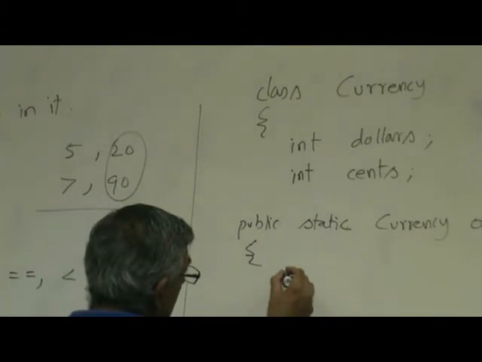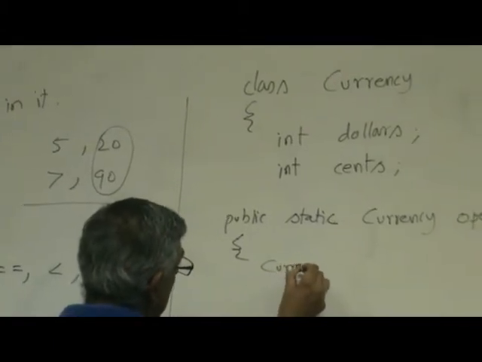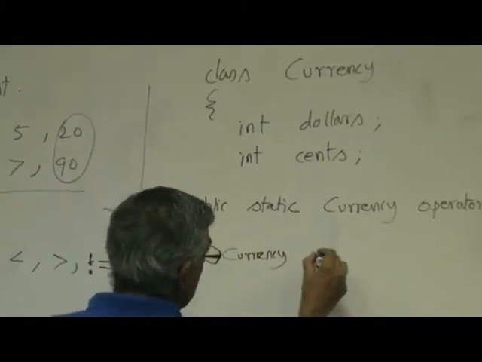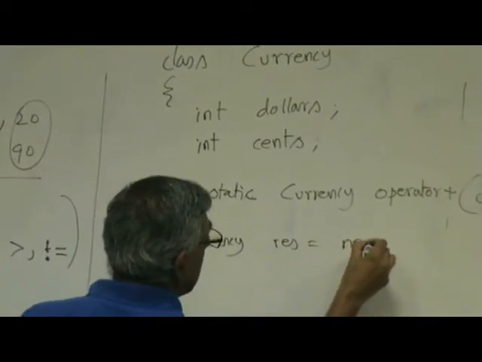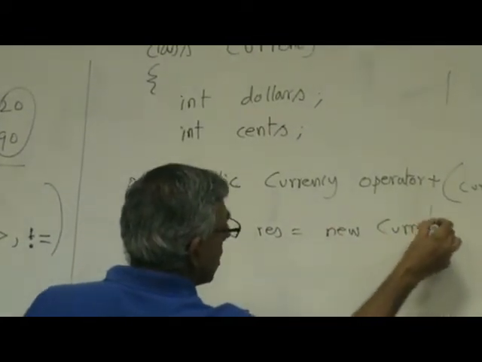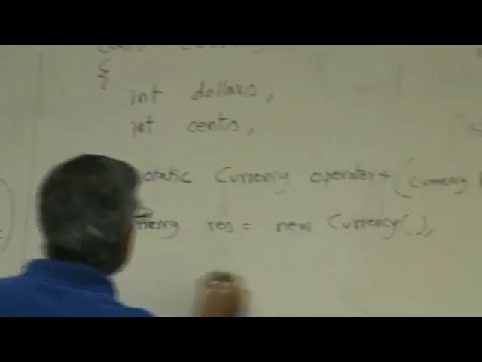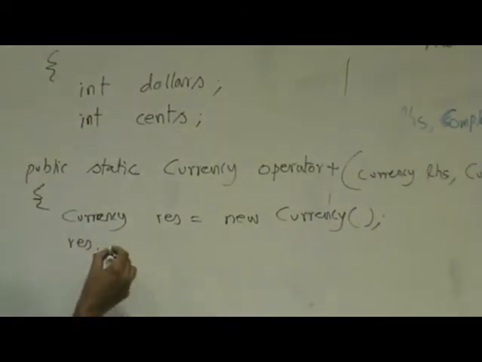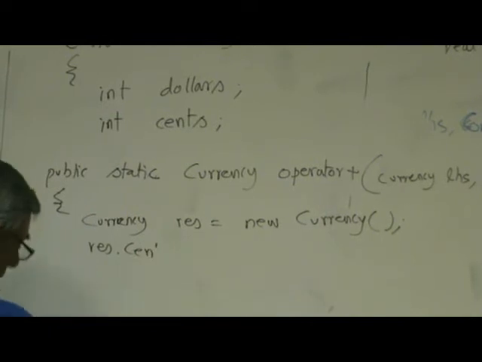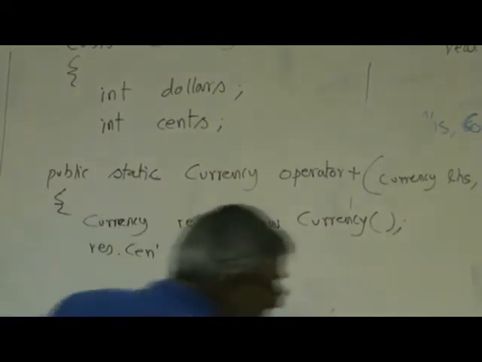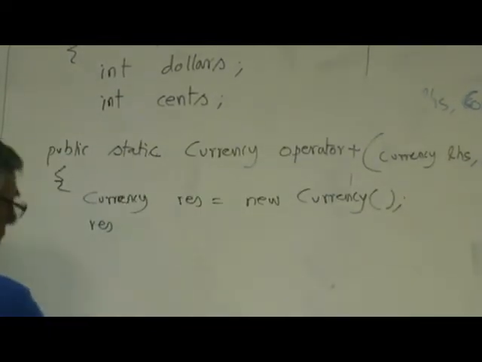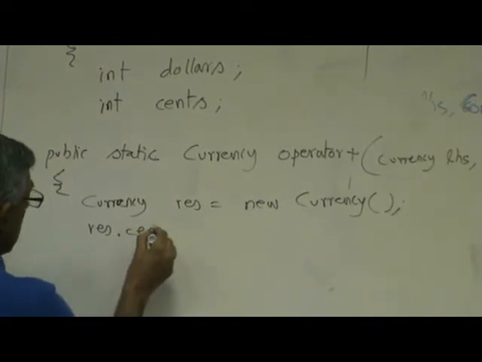So your code will look something like this: currency result equal to new currency. Okay, and then you will do res.cents. Since you are in the same class, you can use the lowercase. You don't have to use the uppercase.